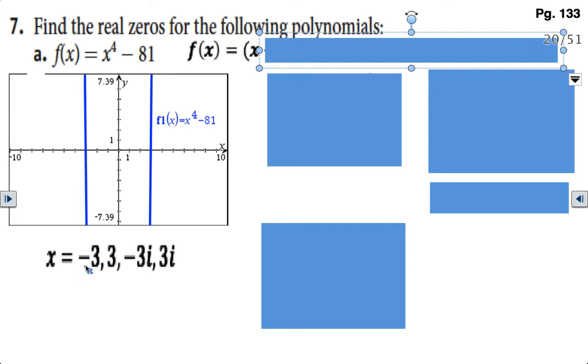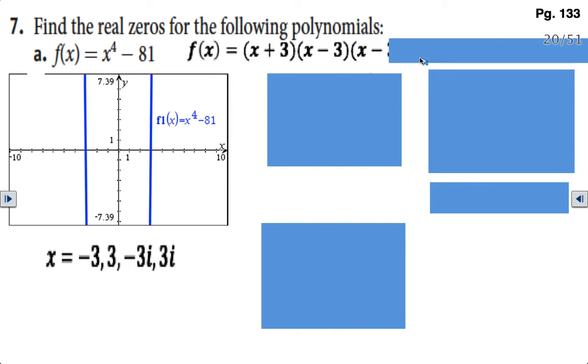so it would be x minus -3. Well, if you're doing minus a negative number, it's just going to become a positive number. So this negative 3 creates a factor x plus 3. This positive 3 would end up being x minus 3. And then this 3i would become x, it should be positive 3i.